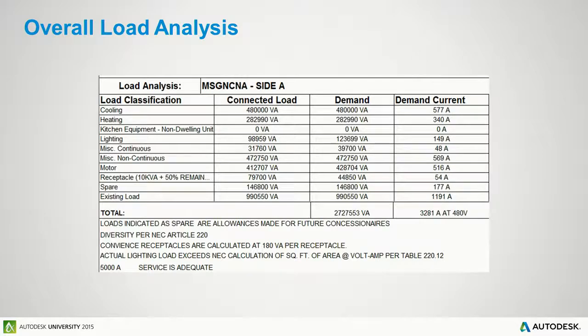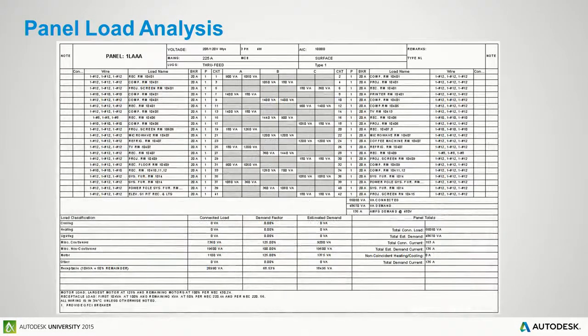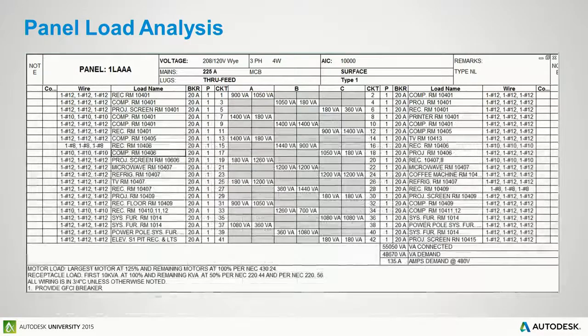And along these lines, we have some AHJs that want to see the breakdown of the load at the bottom of a panel schedule. And we have some that don't. This is simply a template change. I didn't do any additional work to put the loads at the bottom. I just have two templates in my model.